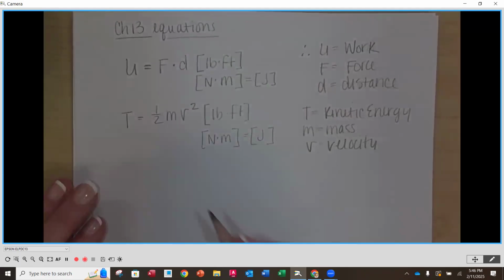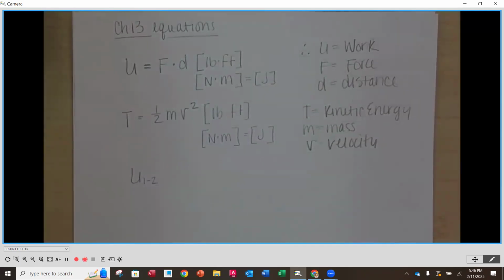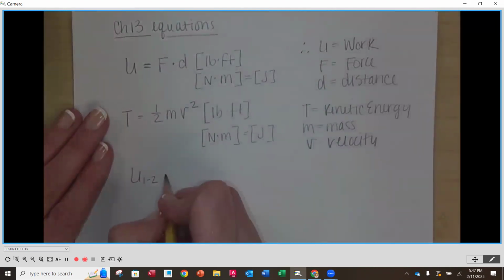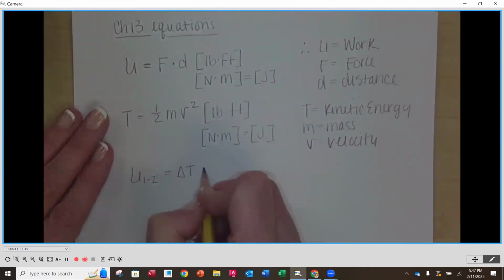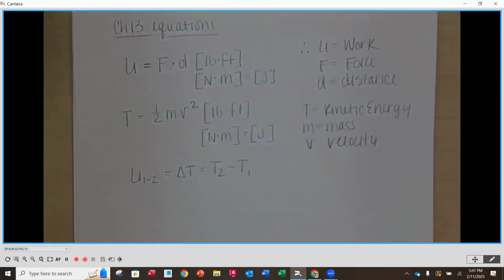That relationship is going to be U, and we call it 1 to 2 because when we talk about a change in kinetic energy, that refers to a position or a state number 1 as opposed to a position or a state number 2, kind of like a before and an after. So that's going to be equal to change in T, which is equal to T2 minus T1, where T2 would be the ending state, T1 would be the beginning state.